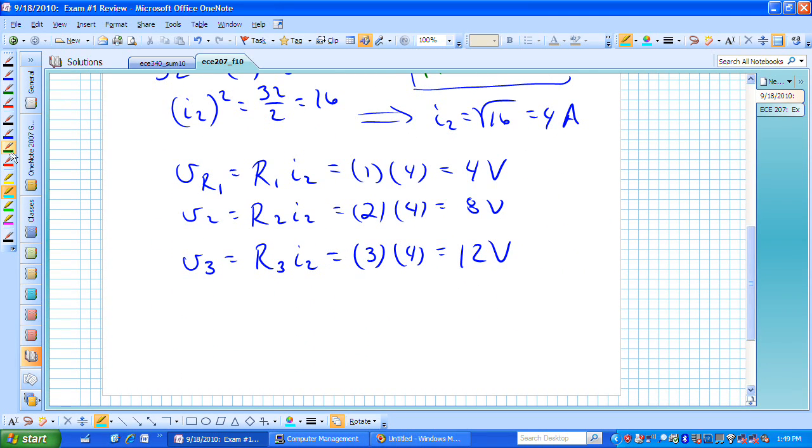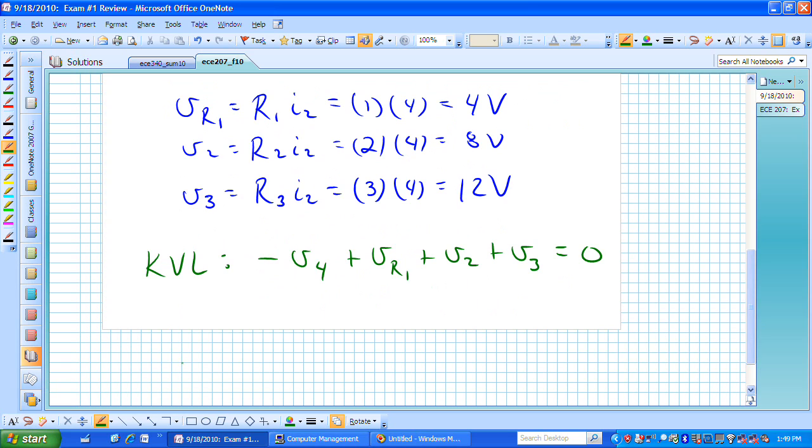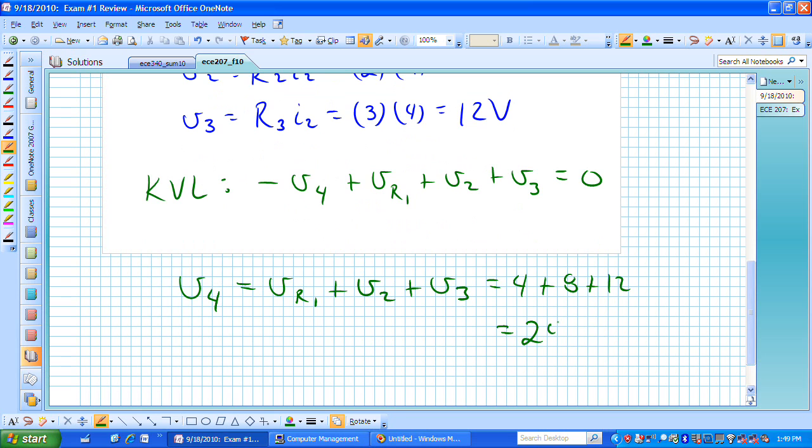KVL is minus V sub 4 plus V sub R sub 1 plus V sub 2 plus V sub 3 equal to 0. Solving for V sub 4, it is V sub R sub 1 plus V sub 2 plus V sub 3, and that's 4 plus 8 plus 12, or 24 volts.